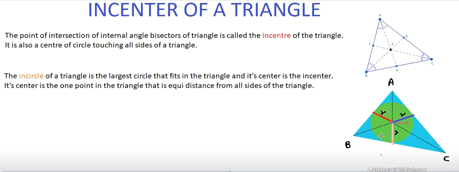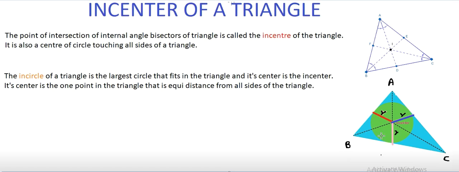So this is the one point in the triangle ABC that is equidistant from all three sides of the triangle ABC, because these are radii of the circle and they will be the same.